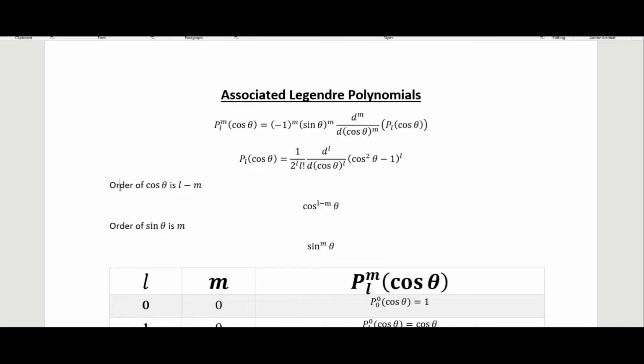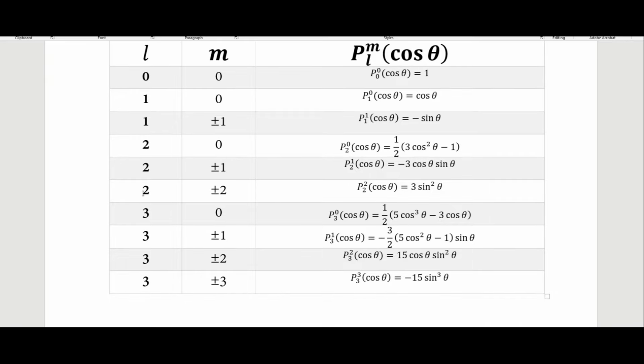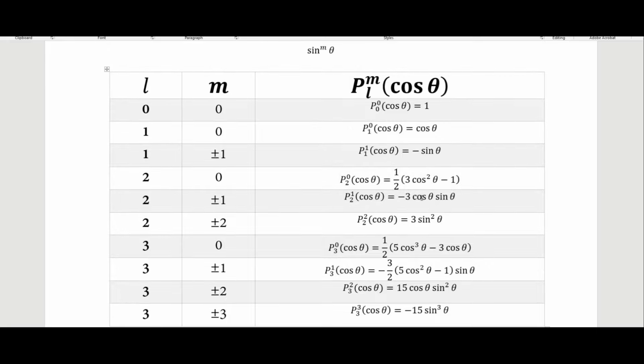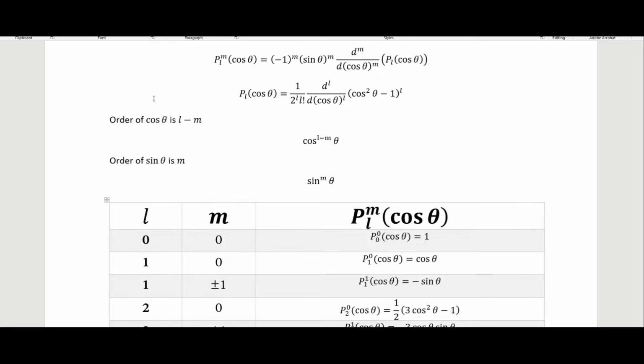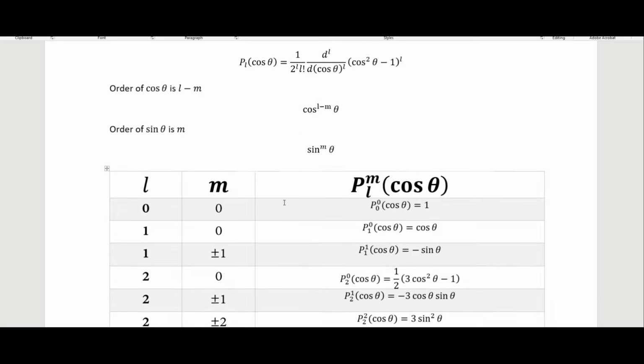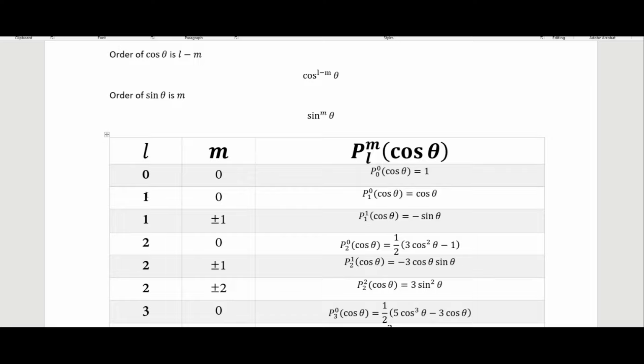But the thing I wanted to point out was that in these polynomials, we end up with this cosine and sine, and then cosine squared, cosine sine. And I thought it was kind of interesting that the order of the cosine and sine are based on the L and M. So the order of cosine is L minus M. And so we see here L is 1 and M is 0.